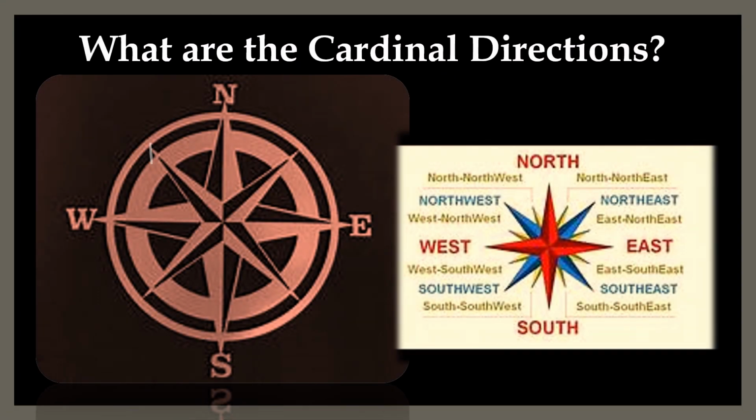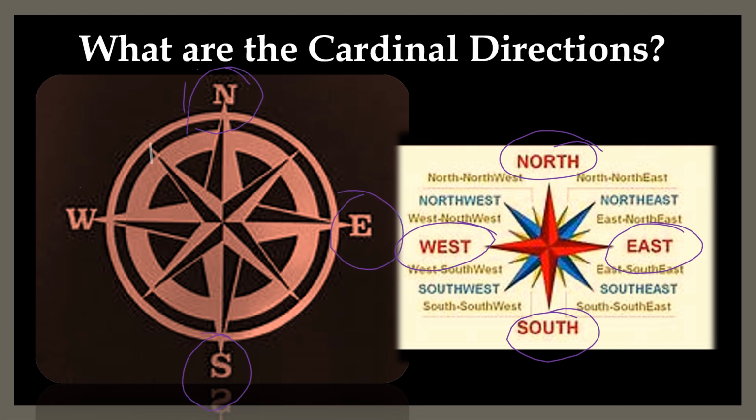Our primary cardinal directions are north, south, east, and west. Now, we do have variations that exist, such as northeast, southeast, southwest, and northwest, and everything in between. But for our primary lessons, we're going to be focusing on north, south, east, and west.